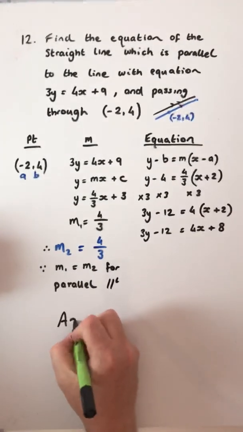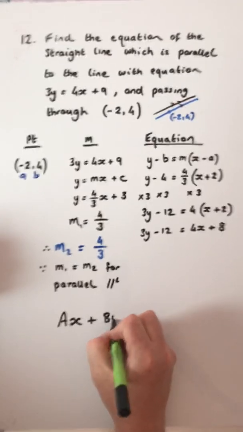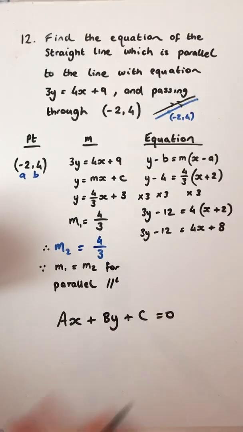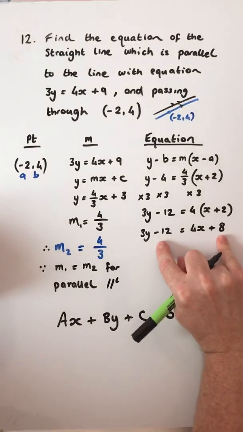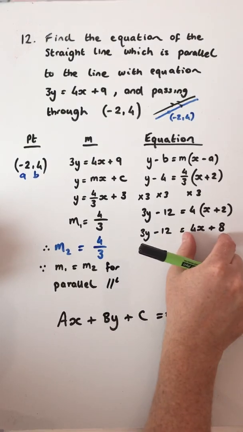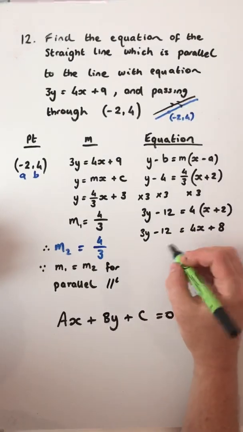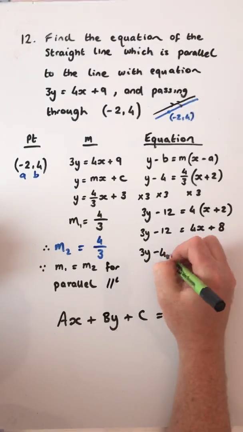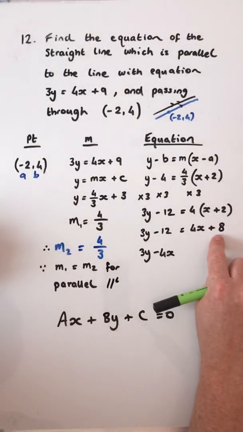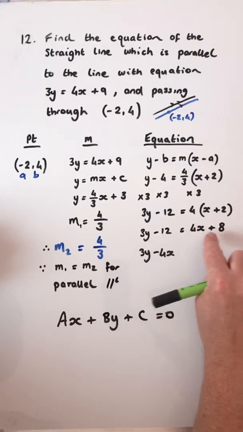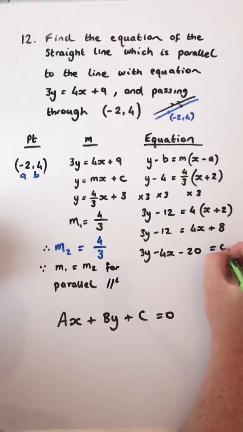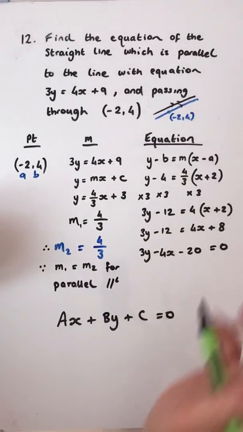Further simplifying it again, let's get it into the general form, ax plus by plus c equals 0. Manipulating that, just making sure you're collecting like terms. So let's have this all over this side. We'll leave the 3y, we will minus our 4x, we will minus our 8, so minus 12 minus 8 is minus 20, and that's a suitable solution.